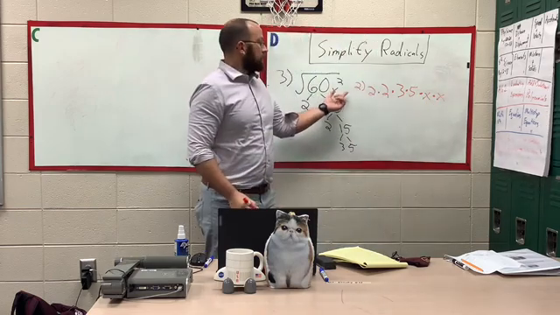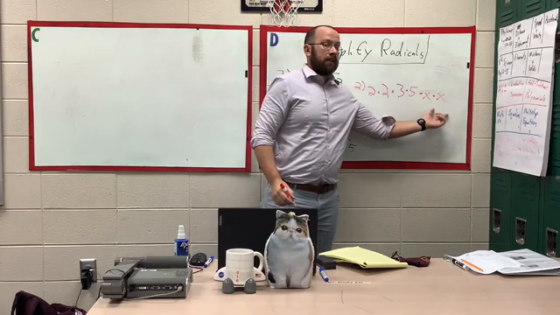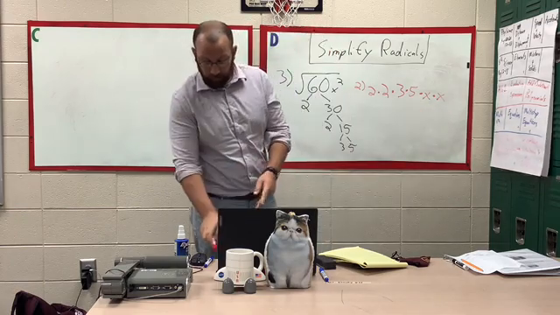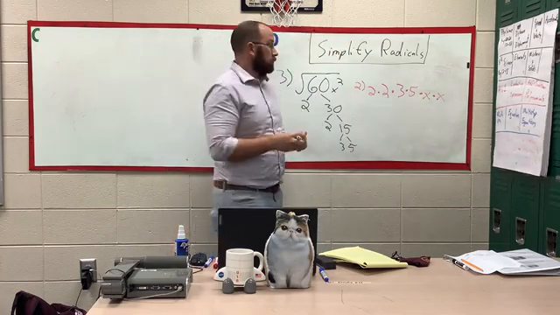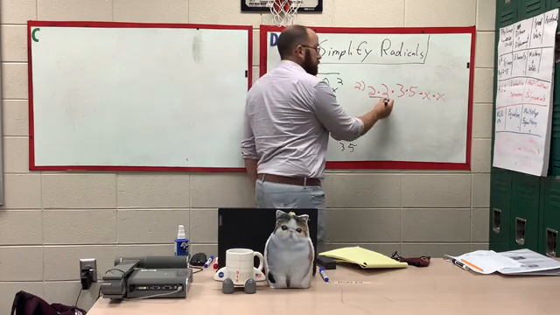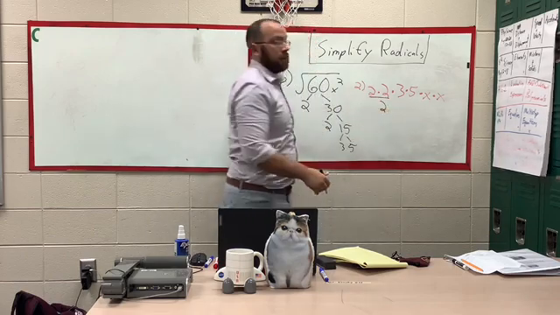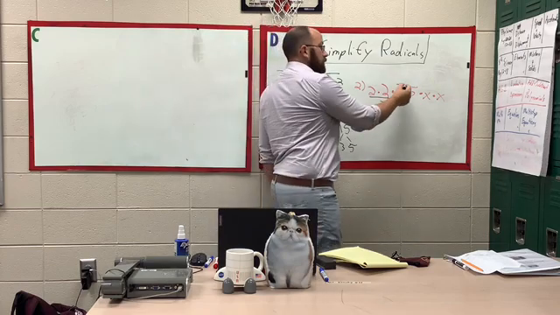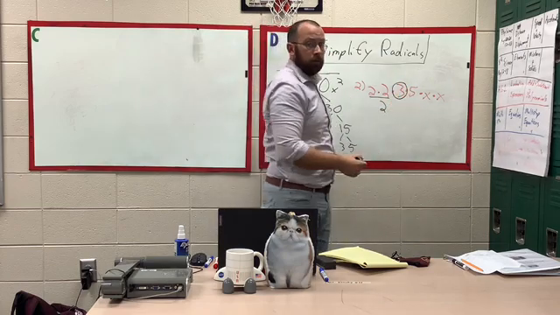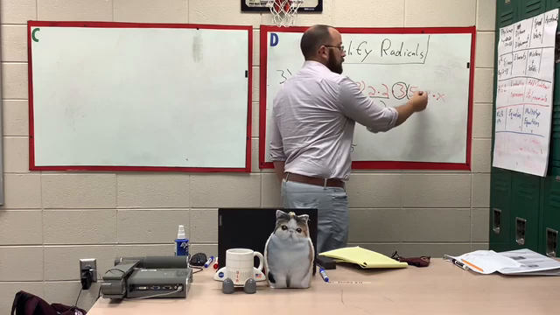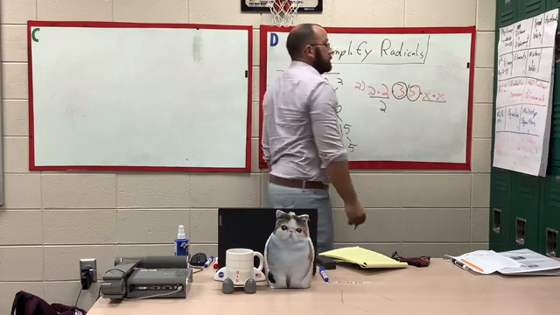So x squared, I write out 2 x's. Now we do what we do. Find your pairs. Pair of 2s, write the 2 underneath. Does 3 have a pair? No. Does 5 have a pair? No. And the x's have a pair.